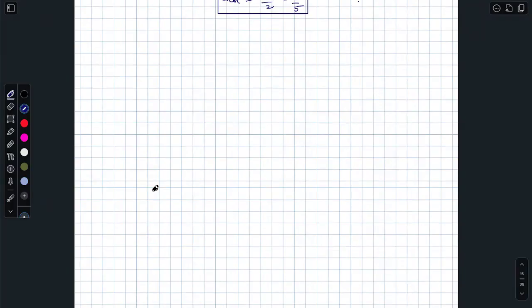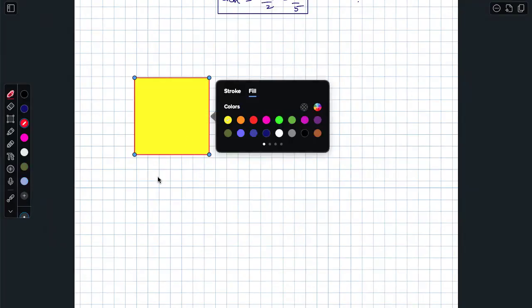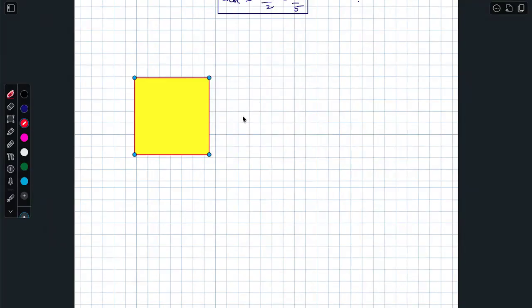ఇప్పుడు హింజ్, స్ట్రింగ్ కదా. నెక్స్ట్. This is your square plate.